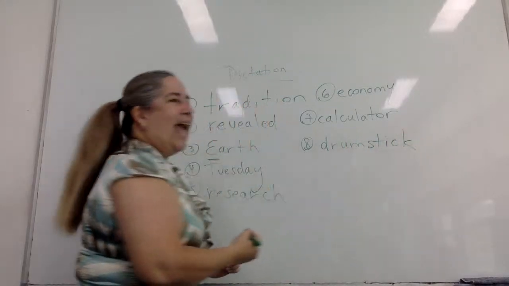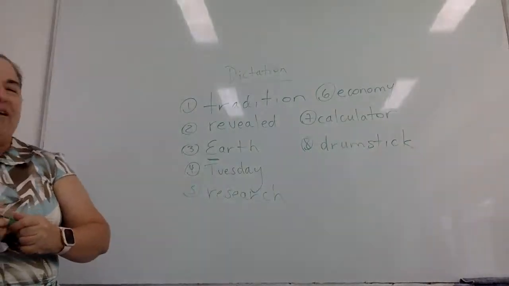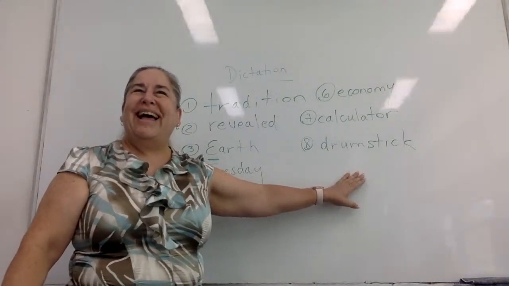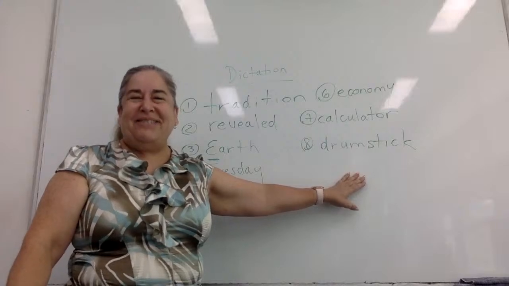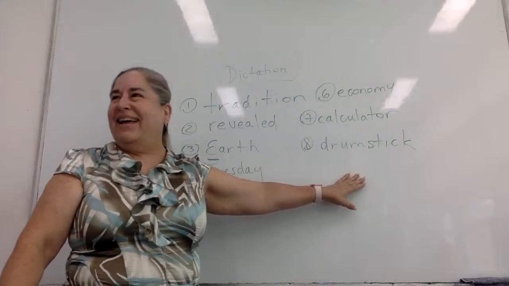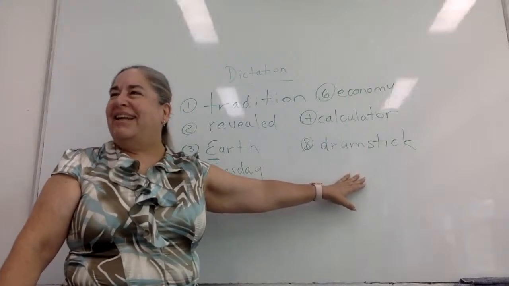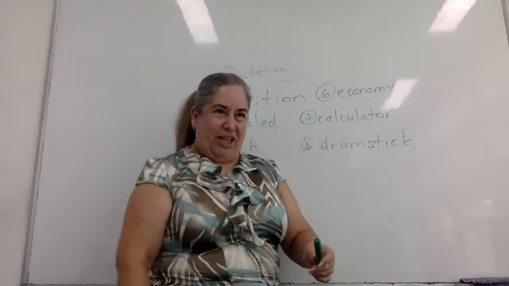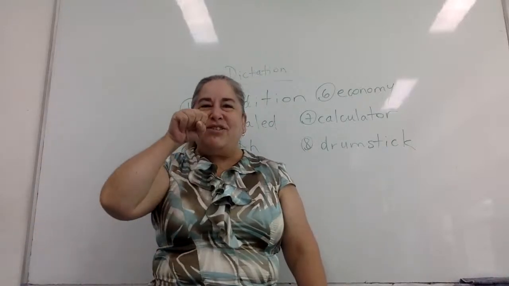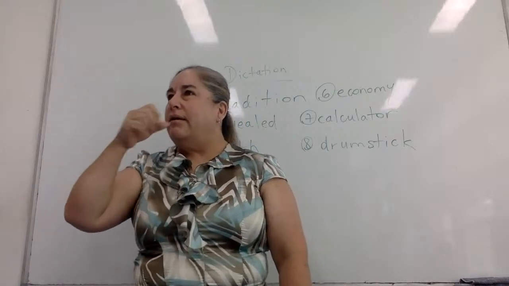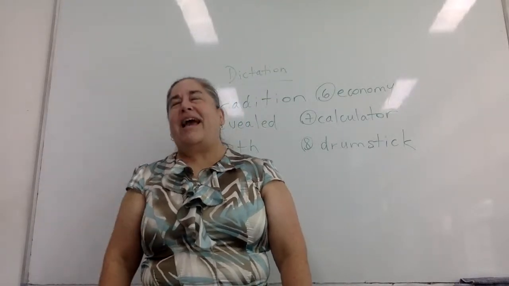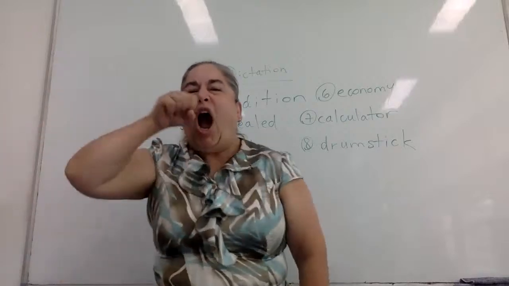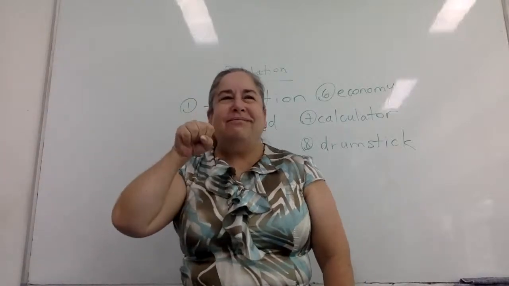DRUMSTIC and K. Drumstick. What is a drumstick? Do you like chicken? The chicken leg? The chicken leg is the drumstick. Yes, okay, the big leg. Yes, the big one. The one that you got. Yes, right?